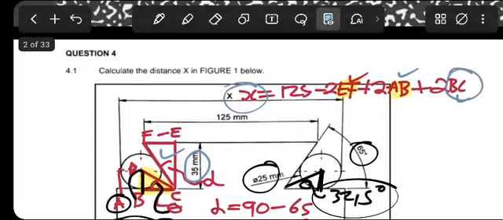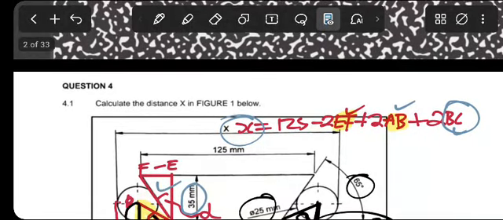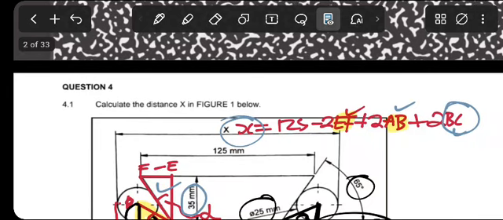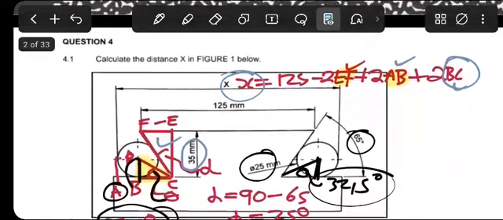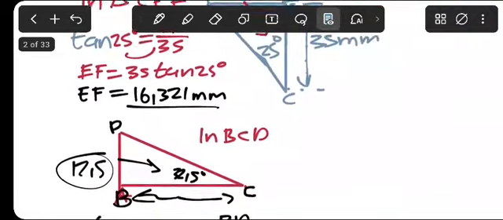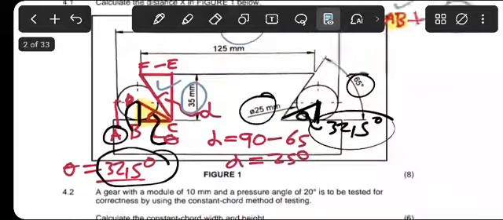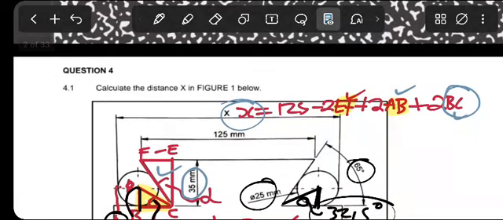Here I have supposed to be EF, which is fine. We did calculate BC.